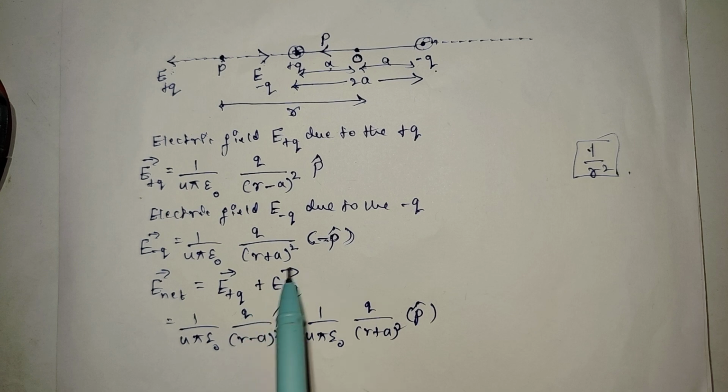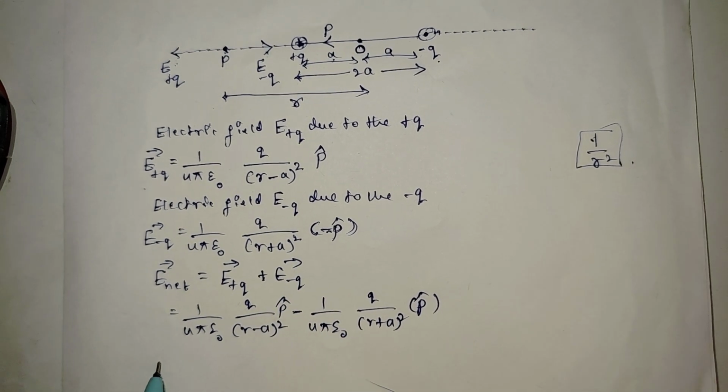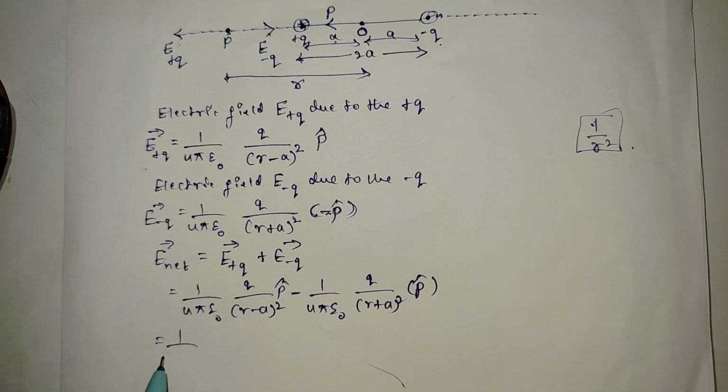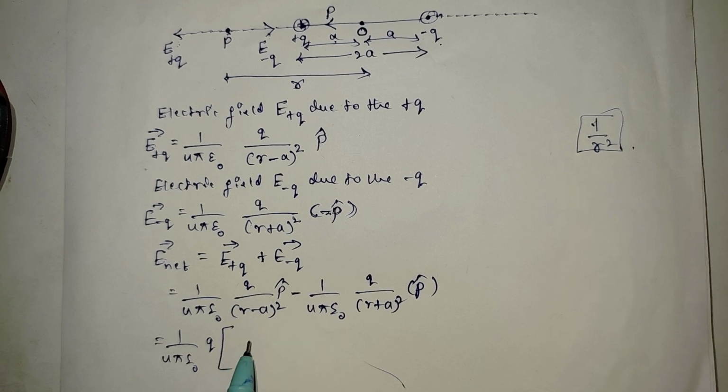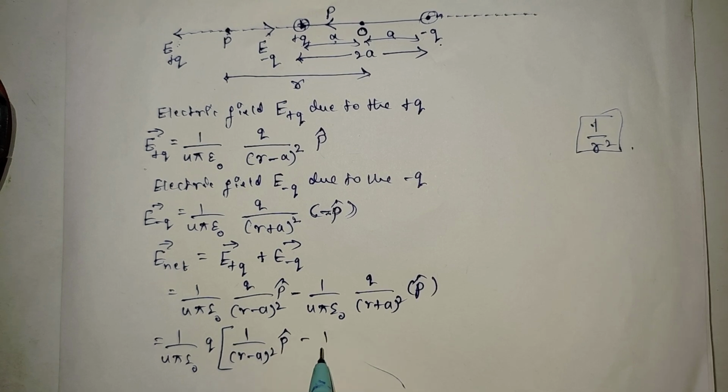Now I will take common 1 by 4 pi epsilon naught into Q. The remaining term is 1 divided by r minus a whole square, p cap, minus 1 divided by r plus a whole square.